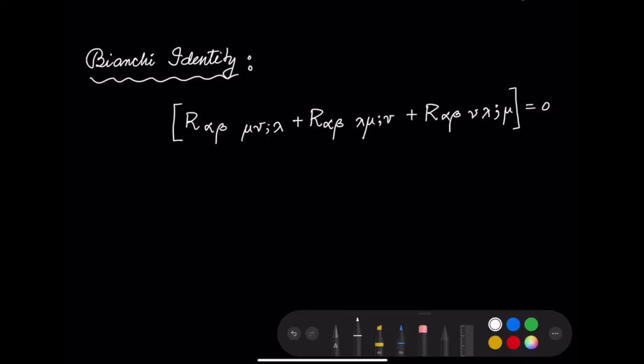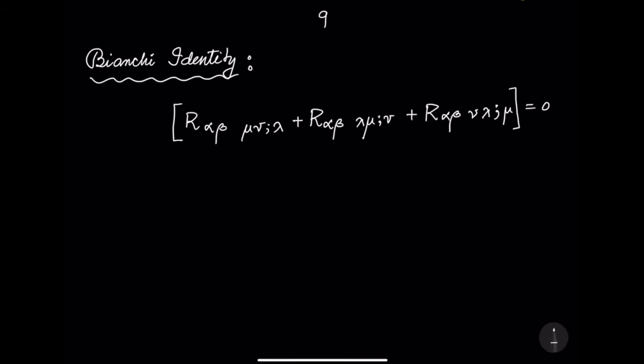Before I proceed further, let me remind you of something: if I have the metric written this way, its covariant derivative is 0. But what about this?